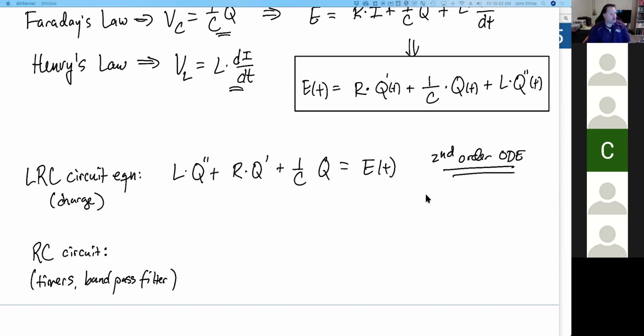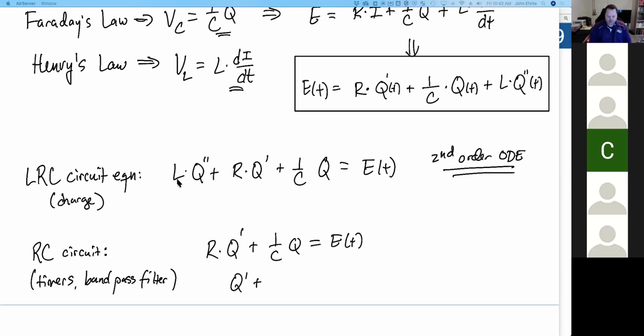So how do I create an RC circuit from the LRC equation? Well, you just get rid of L. If you have a circuit without a coil, then L is 0. And if you make L equal to 0 in that equation above, then you get this one.